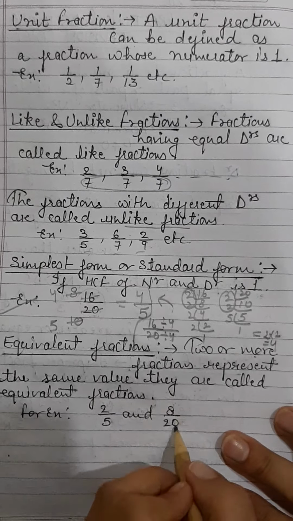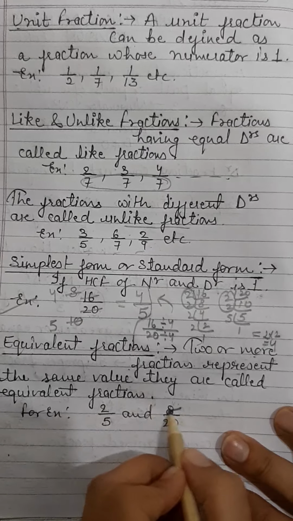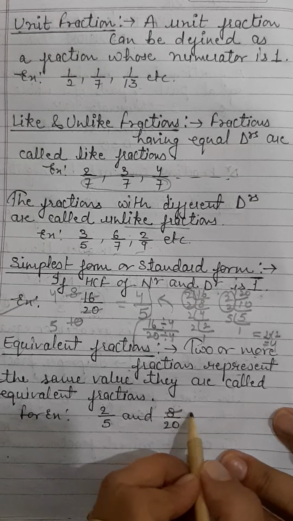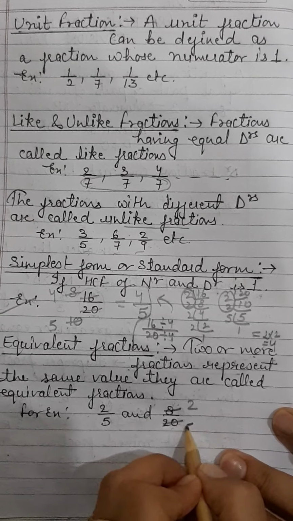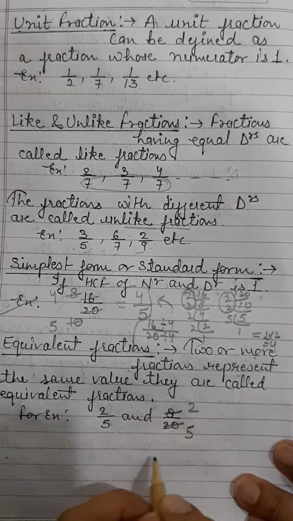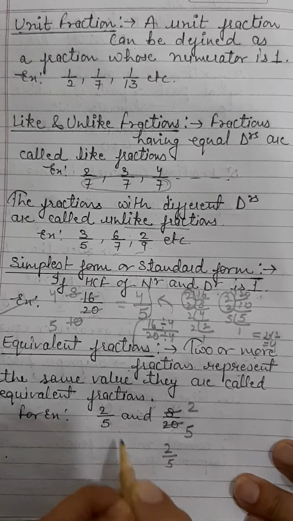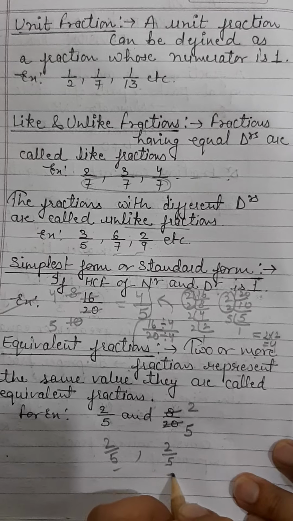Clear? So now convert this 8 by 20 into simplest form. You can cut directly with 4, 4 2s are 8, 4 5s are 20, right? So 8 by 20 becomes 2 by 5, and this is also 2 by 5. So both are the same.